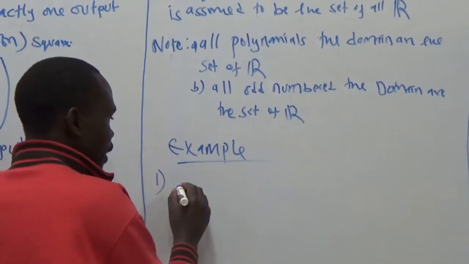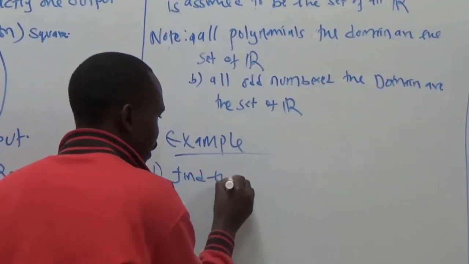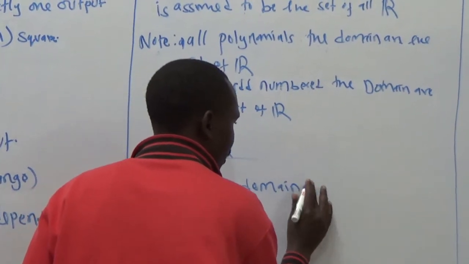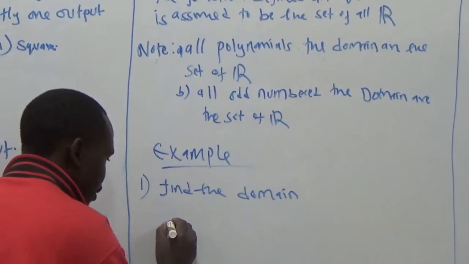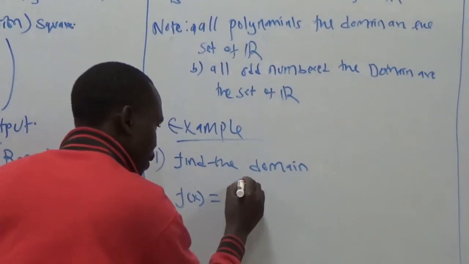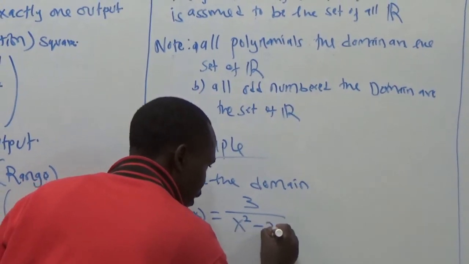Our first example is to find the domain. Our equation is f of x equal to 3 all over x squared minus 25.